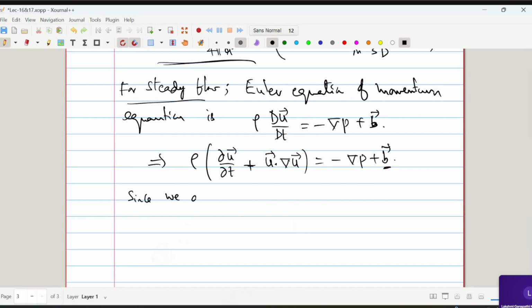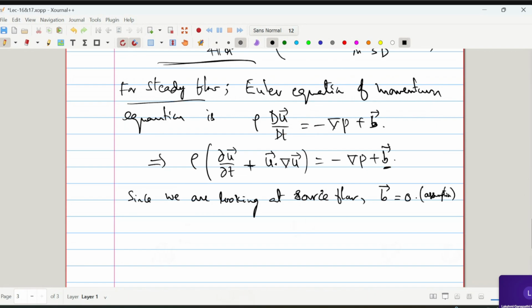Since we are looking at source flow, b equals 0. B is basically gravitational; assume that B is 0. This is an assumption.